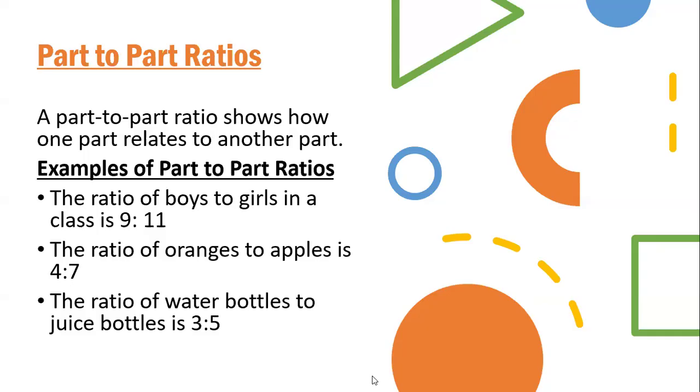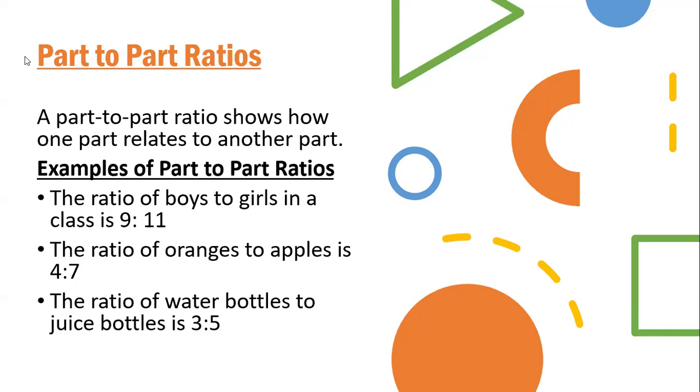Chai, where's Chai? Yes, sir. When we say the ratio of boys to girls in a class is 9 to 11, what does that mean? That there's 9 boys and in total the class is 11. No. Read the statement again. The ratio of boys to girls in a class is 9 to 11.